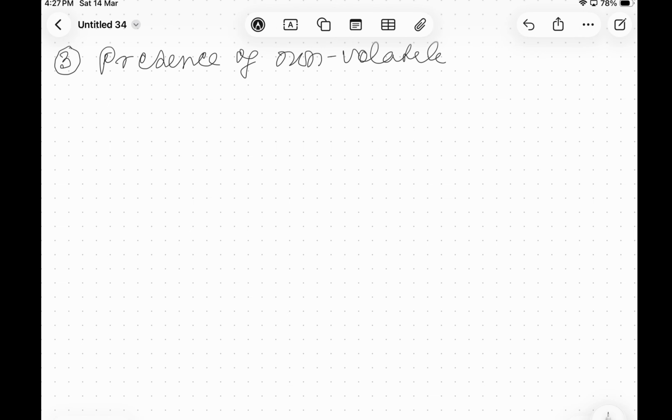Now take the third point, that is presence of non-volatile solute in solution. This is a very important point.